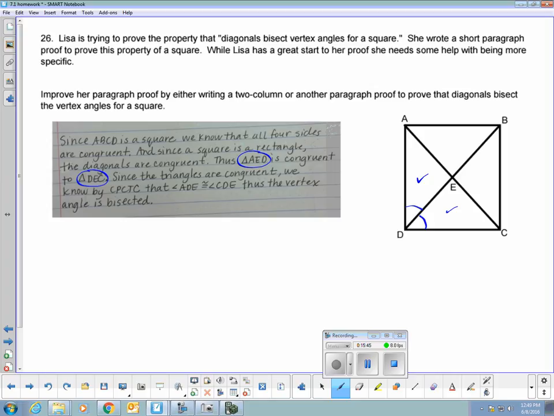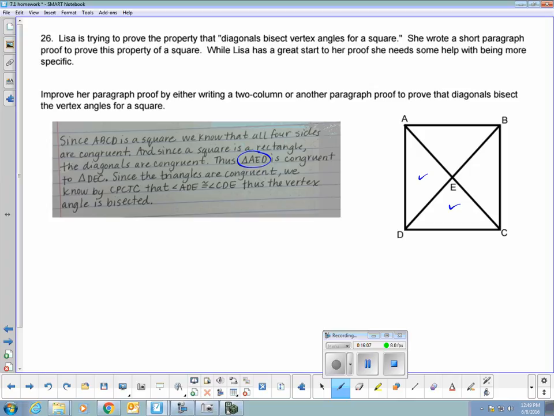So in her proof, she needs to prove that triangle AED is congruent to DEC. So let's see if we can help her out in her proof. I'm going to leave these two checked so that we know which two triangles we're trying to prove congruent.